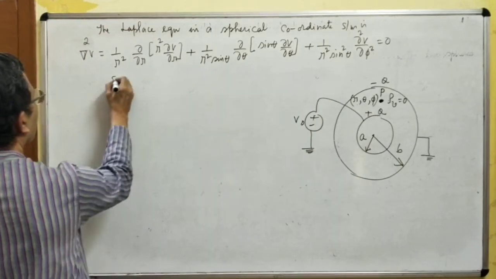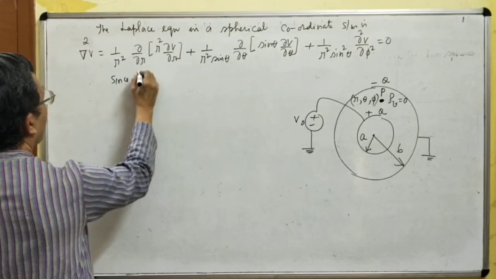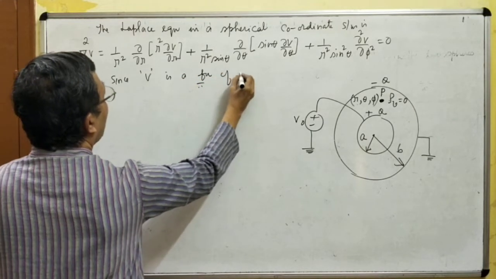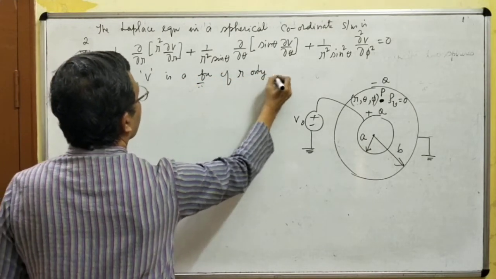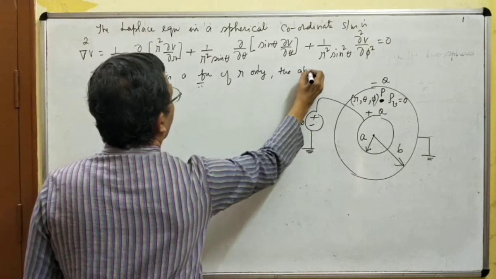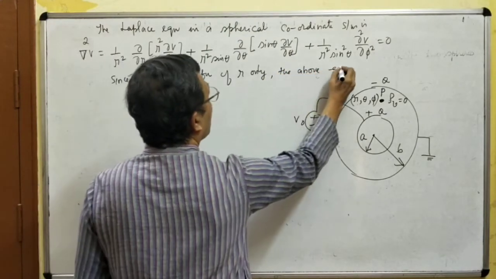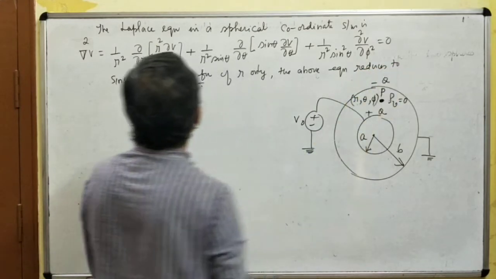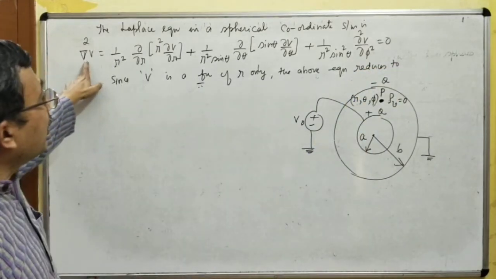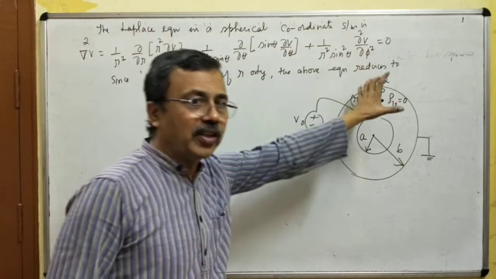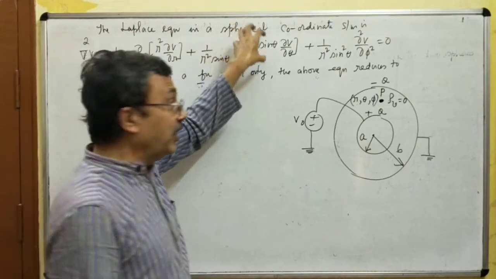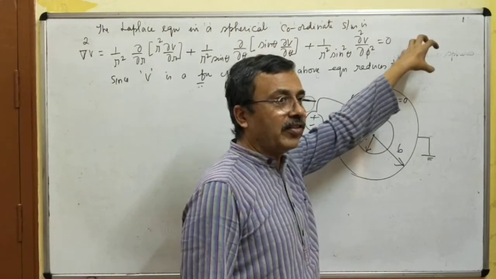Since V, potential V, is a function of R only, the above equation reduces to. What I want to say is, Laplace's equation is a three-dimensional equation because it has variation in R direction, variation in theta direction and variation in phi direction.